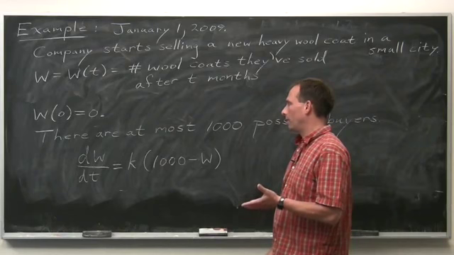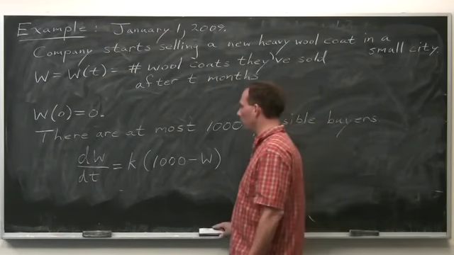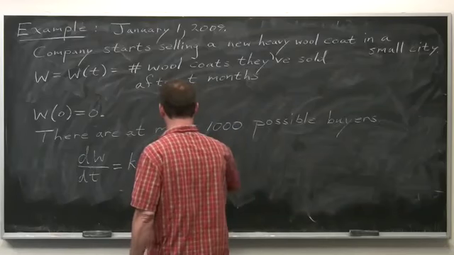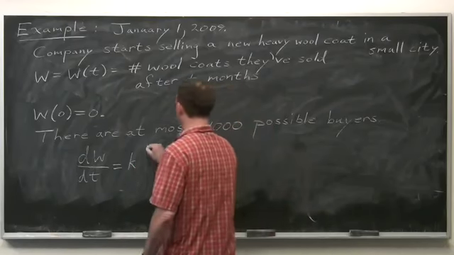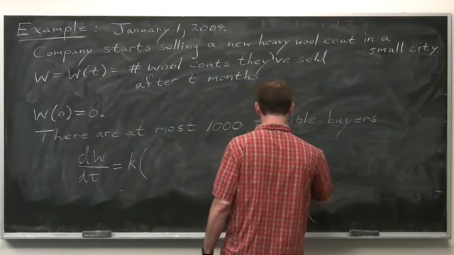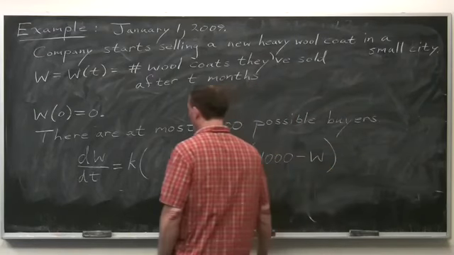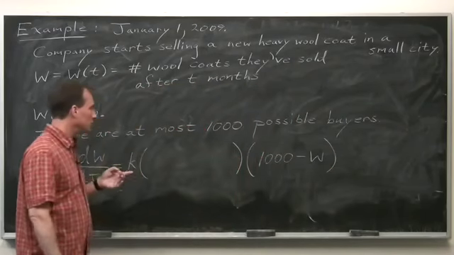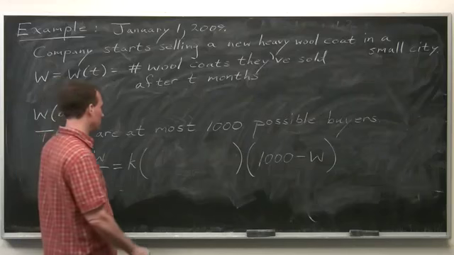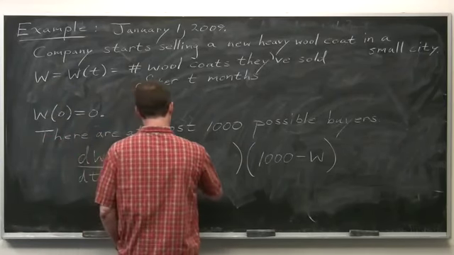But, in fact, there are seasons, and you sell a different number of wool coats at different points in the season. So it's true that if you fix the time, you should see this 1,000 minus W, but they've also found that it varies with the season, but of course repeats every year.